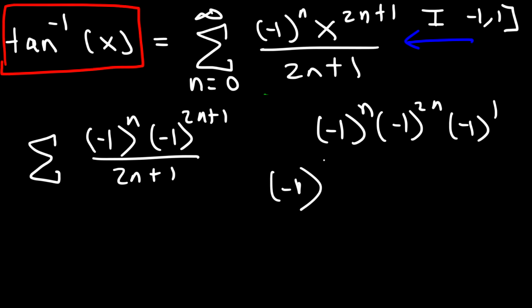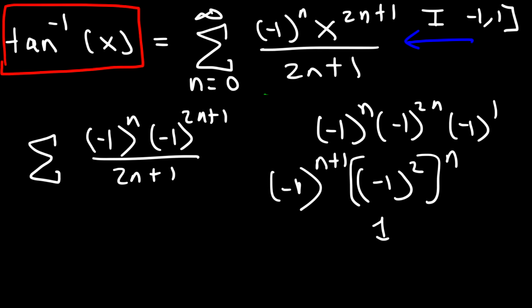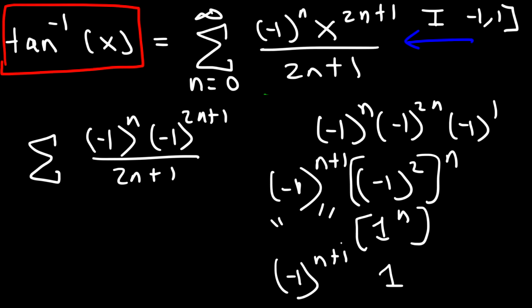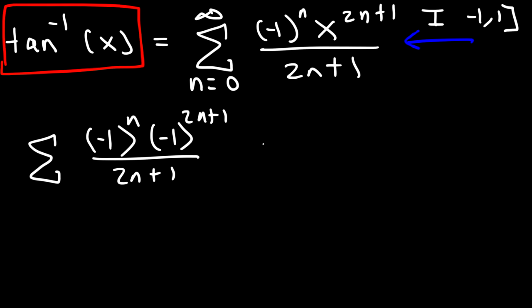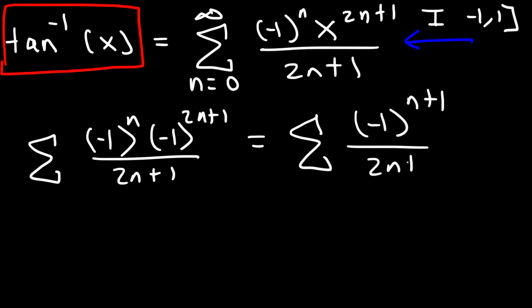So that's going to be negative 1 to the n plus 1. And negative 1 to the 2n, that's negative 1 squared raised to the n. And negative 1 squared is positive 1. So we have 1 to the n times what we have here, which is 1. So all of this reduces to negative 1 to the n plus 1. So this becomes negative 1 to the n plus 1 over 2n plus 1.